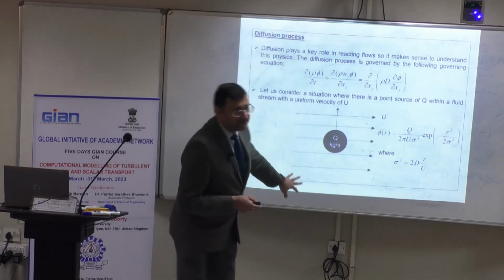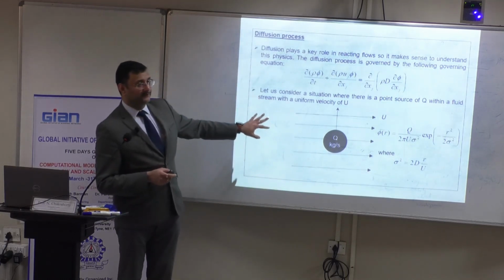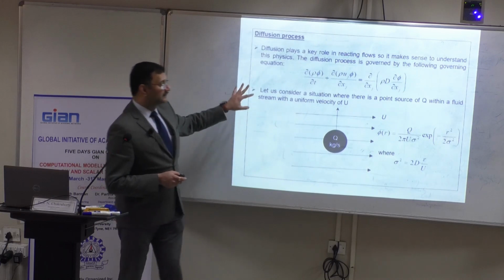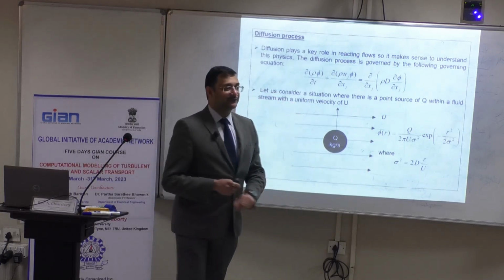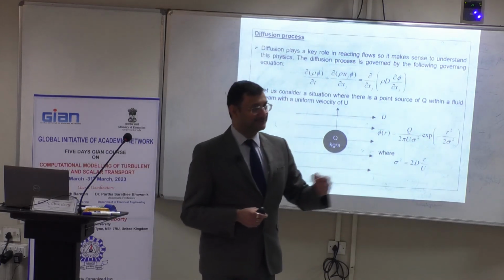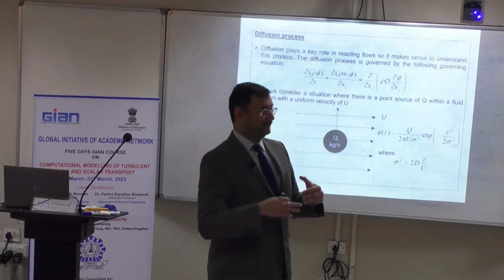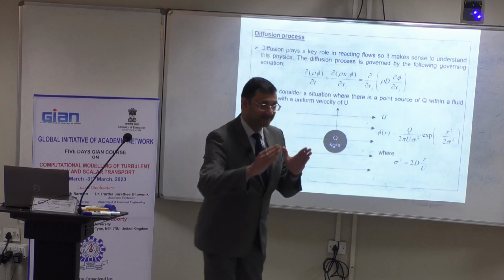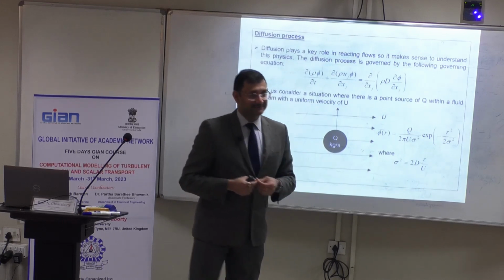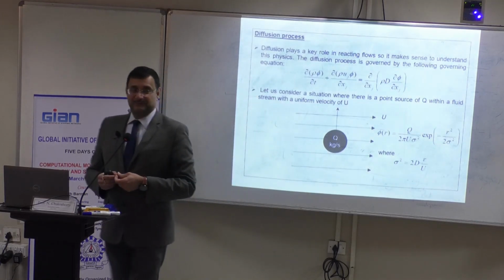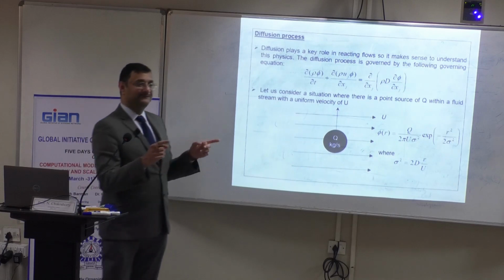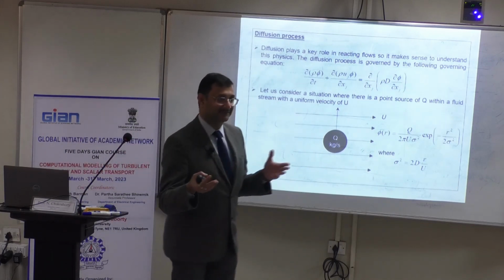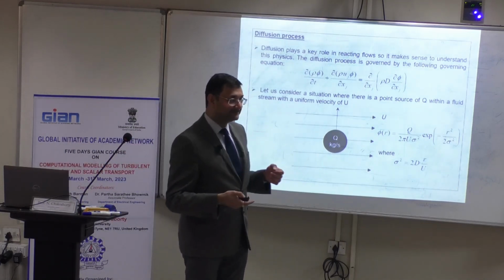Now, for the time being, rather than a diffusion process, if I consider a transient heat conduction process, you will find that how the thermal disturbance is spreading with time essentially varies as square root of alpha, that is the thermal diffusivity, times time.